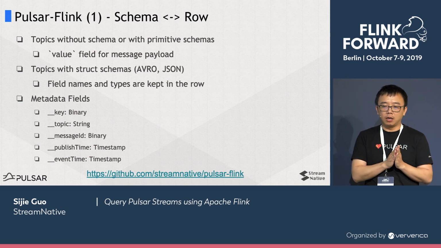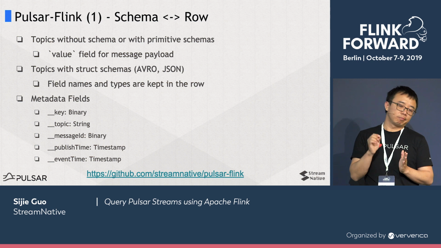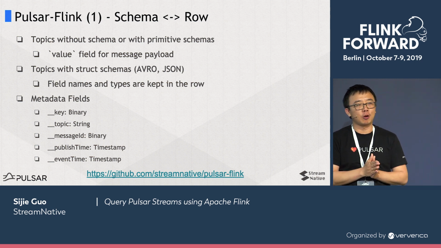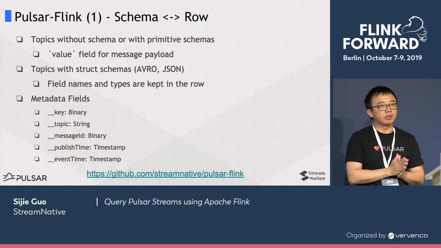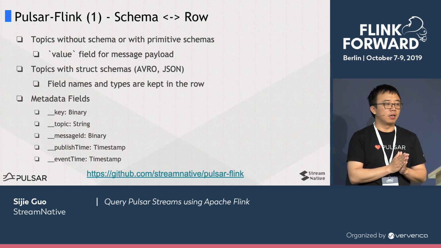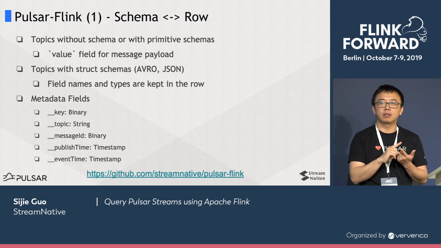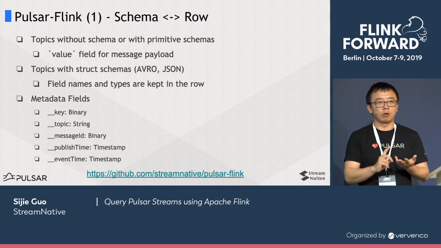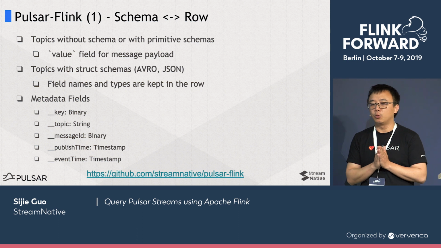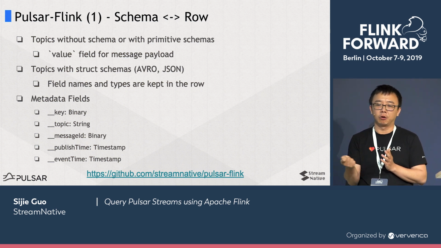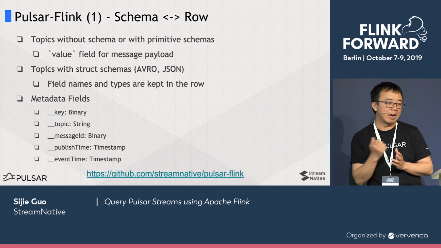There are two categories of topics within Pulsar. Sometimes people don't use a schema directly, or they just use a primitive schema, like using a topic to store a string, integer, or long number. In this case, the topic converts the message payload into a field in the Flink row, and the field is called value.